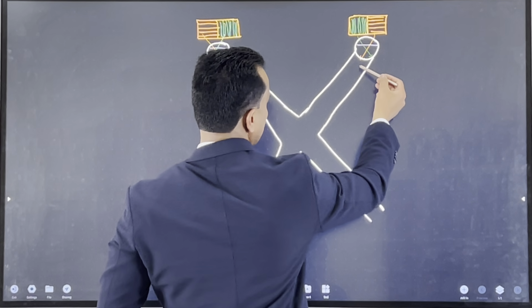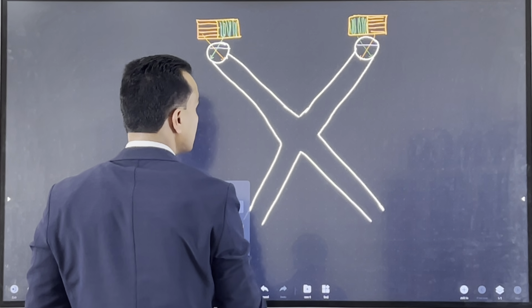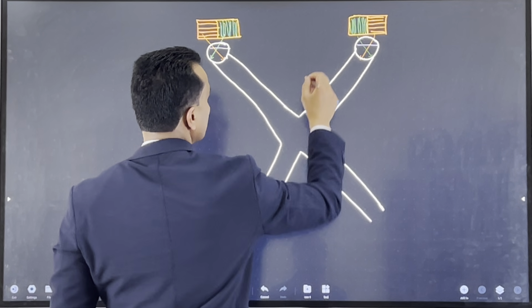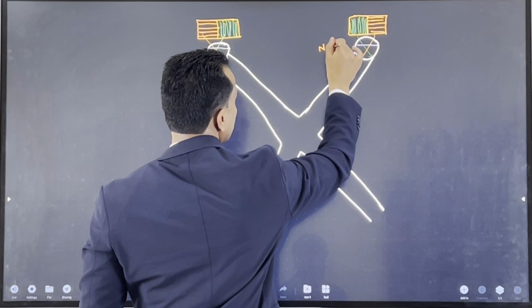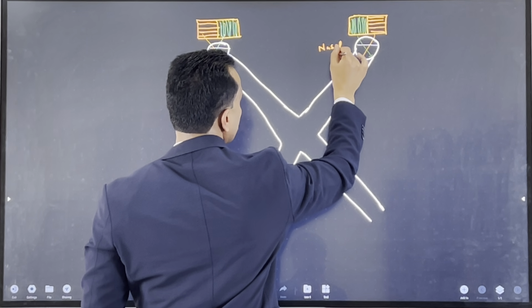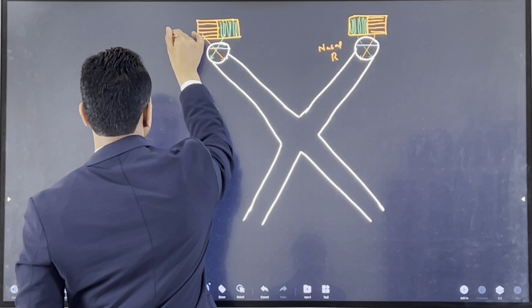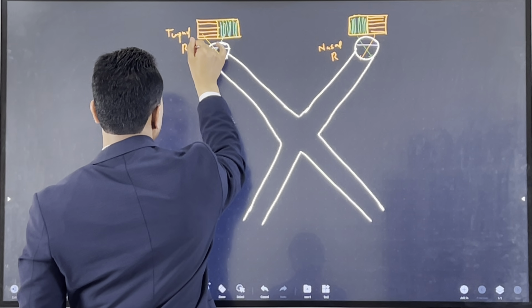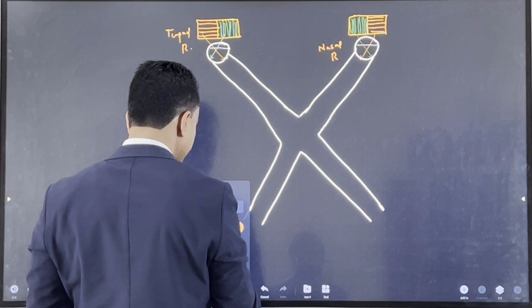Okay, so here you can see, suppose this is your nasal retina inside, on the medial side, and on the outer side this is your temporal retina. And suppose this is the left eye and this is your right eye.